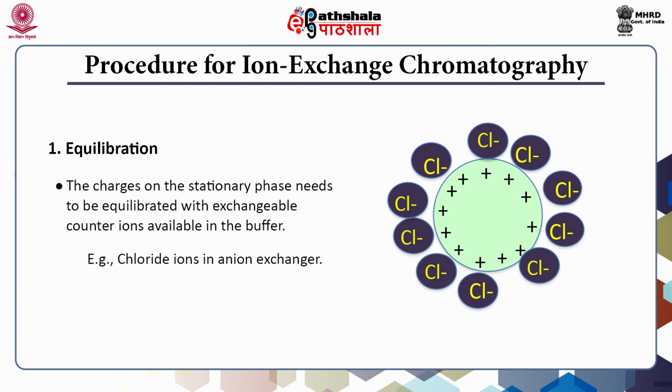So, by this step, all the charges present on the ion exchange stationary phase will be equilibrated with the negatively charged ions present in the sample buffer. So, this is a very important step. Why? Because these negatively charged ions will be replaced with our negatively charged analytes in anion exchange chromatography.